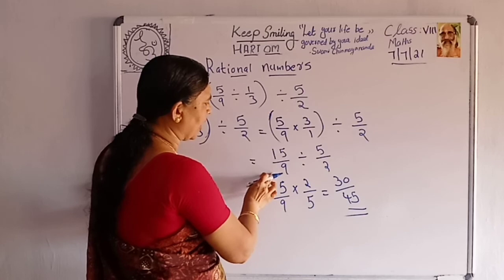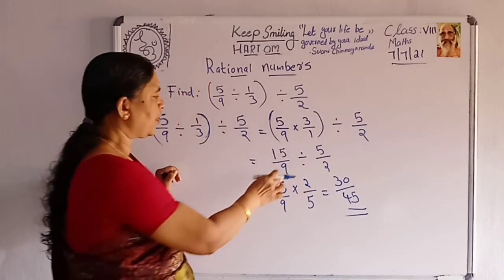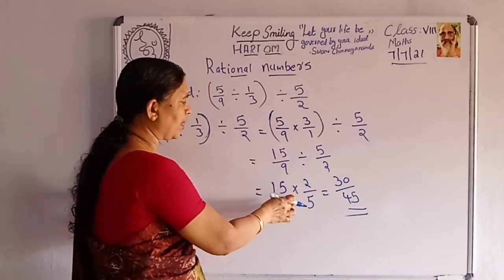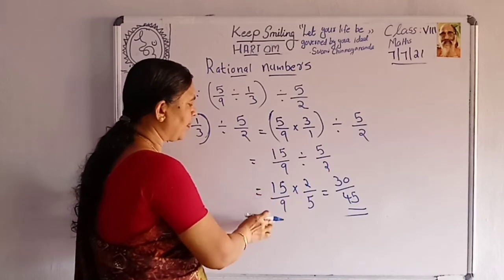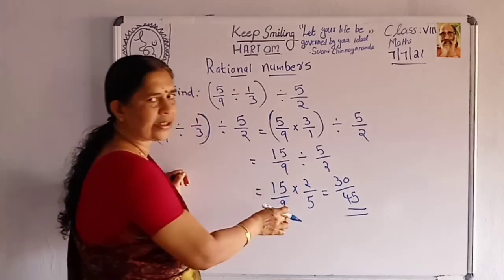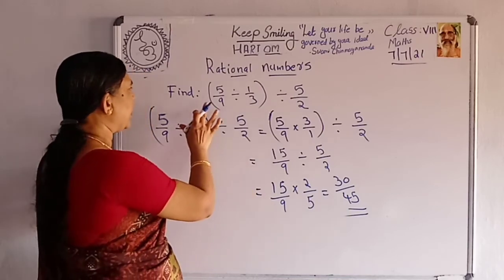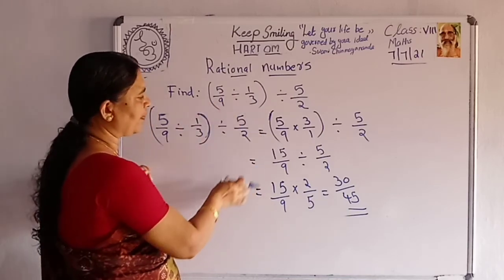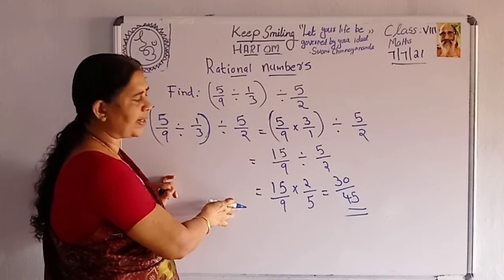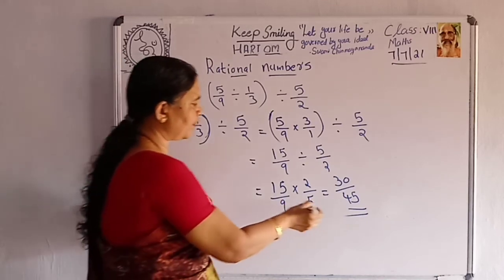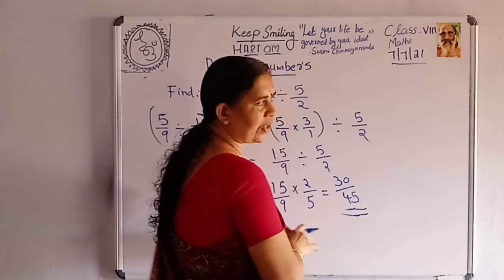Then 15 by 9 divided by 5 by 2. To divide by 5 by 2, we have to multiply by the inverse. Then 15 by 9 into 2 by 5, that is equal to 30 by 45. So what is the answer? 5 by 9 divided by 1 by 3 divided by 5 by 2 is equal to 30 by 45.